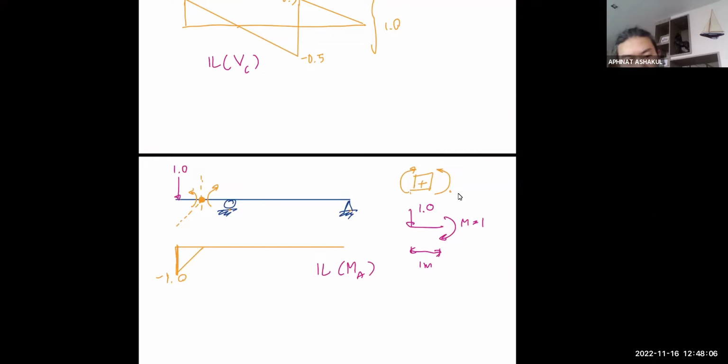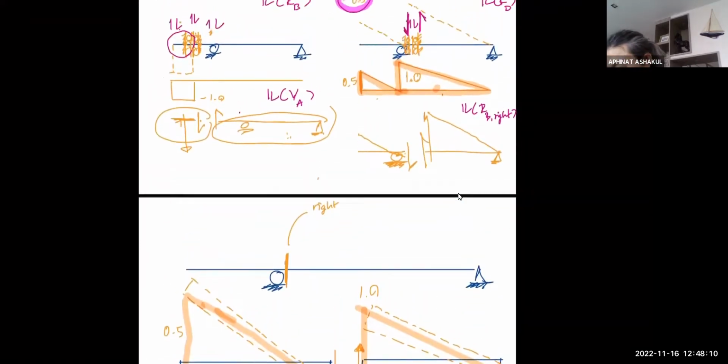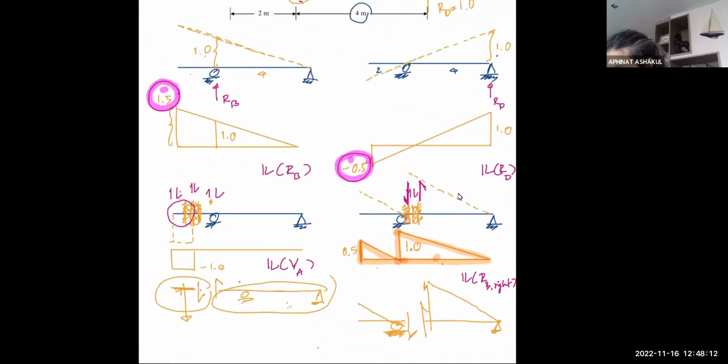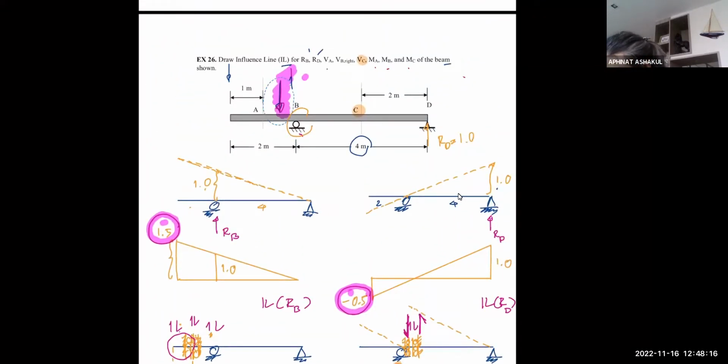Let us go back and look at the structure again. When I place the unit load anywhere on the left side of A, point A can be bent, right?